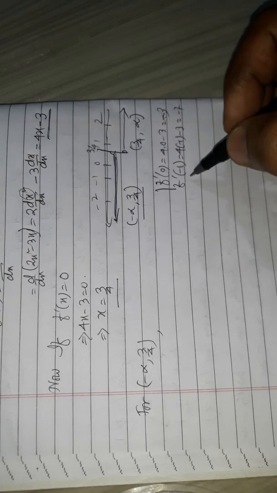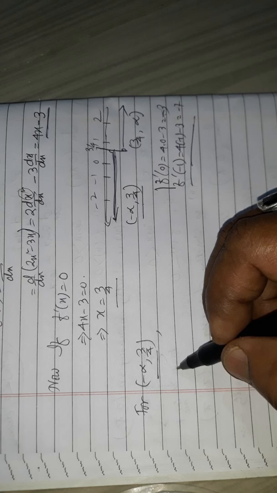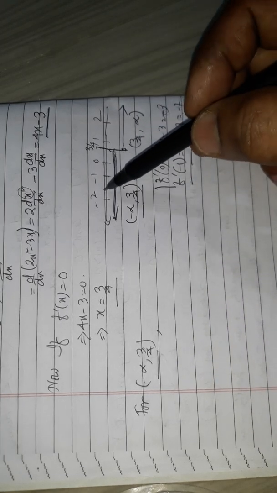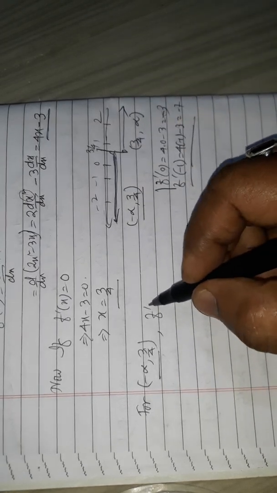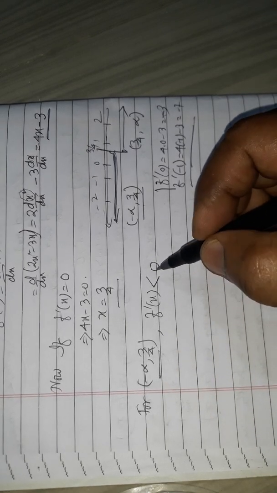So f dash x for this interval is always negative. We checked by putting these values.